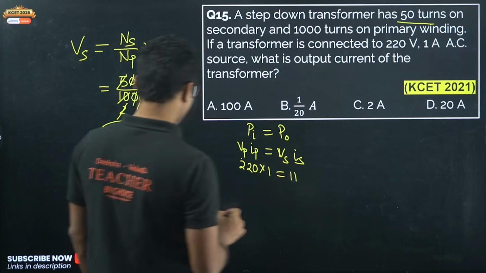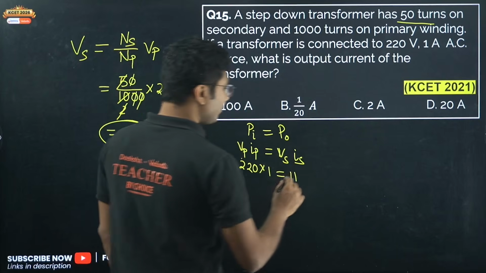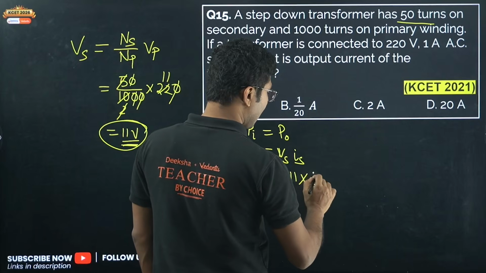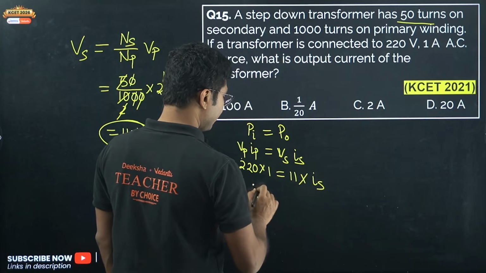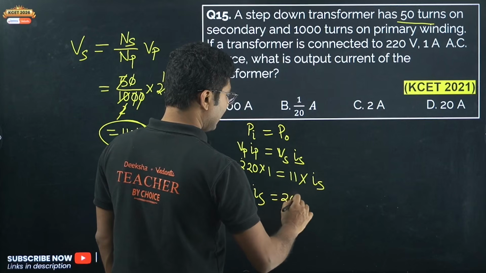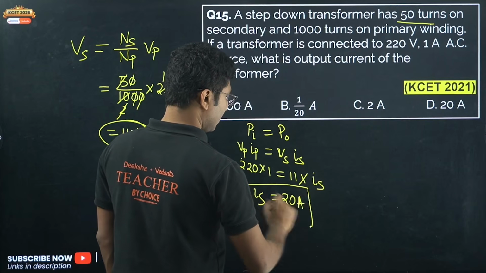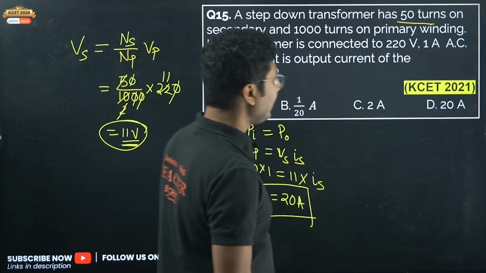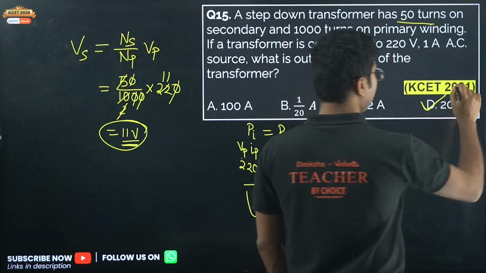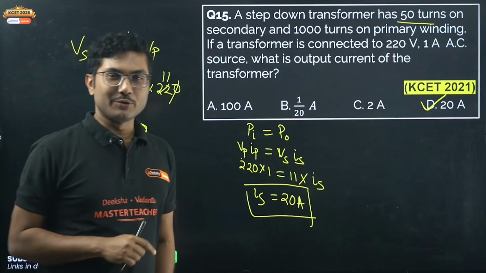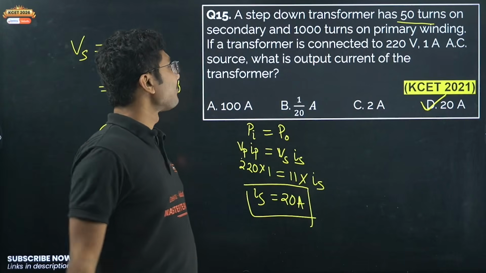Secondary voltage we have calculated as 11 volt, so we will put 11 into IS. So IS will be equal to 20 ampere.